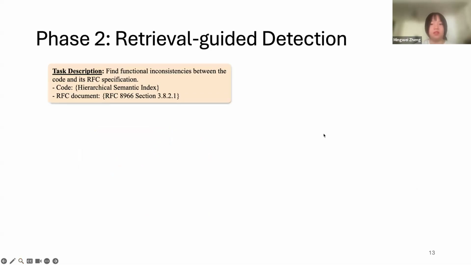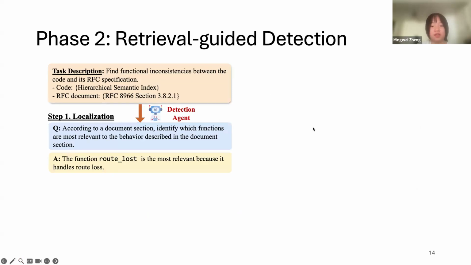Then in the second phase, the detection agent tries to find inconsistencies between the code and its RFC specification. As we mentioned, the first step is to localize the code relevant to this specific property.